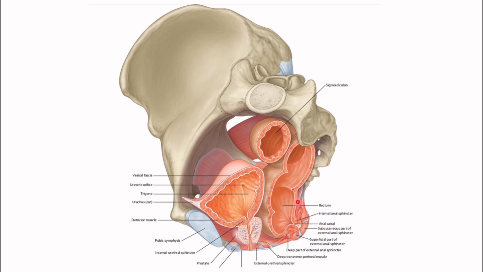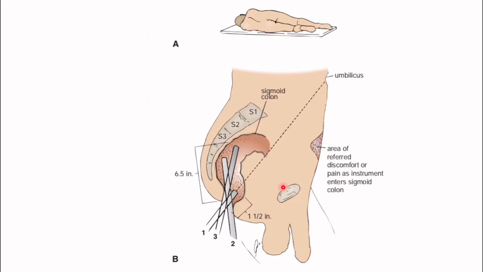Another thing to note is that, for example, if we want to examine the sigmoid colon, the best way of examining it is via the anal canal. So we put our rods in the anal canal. It's called sigmoidoscopy.